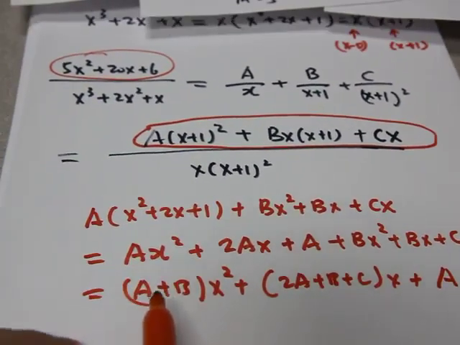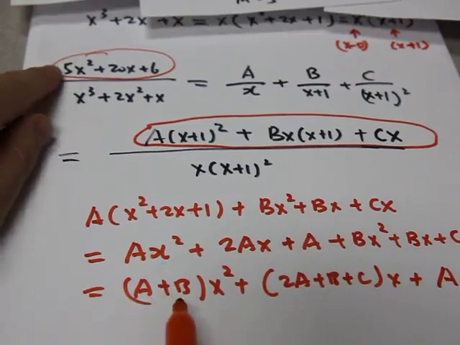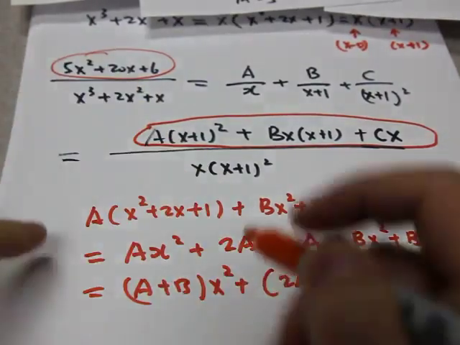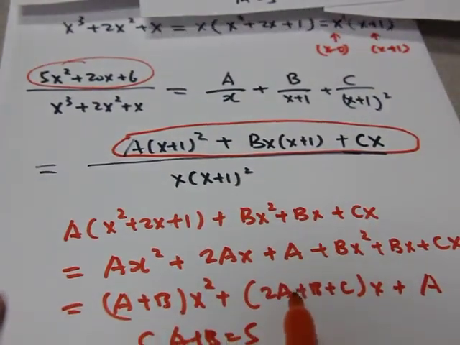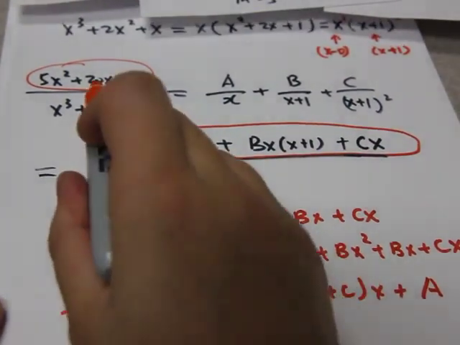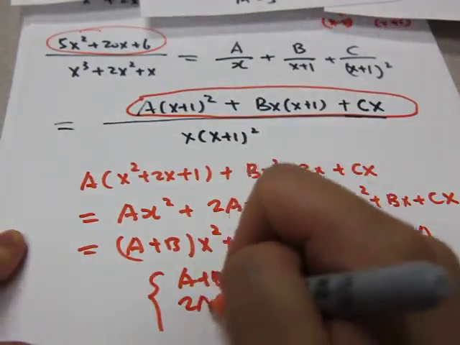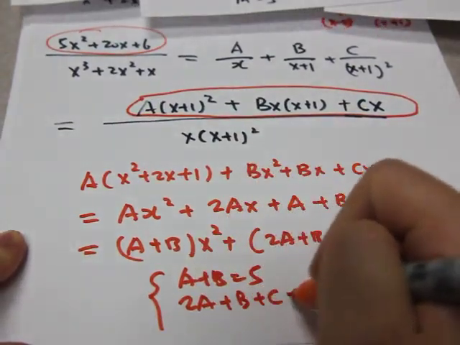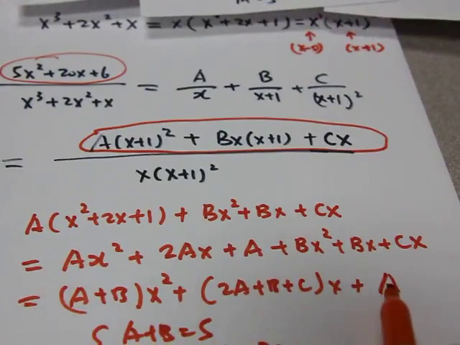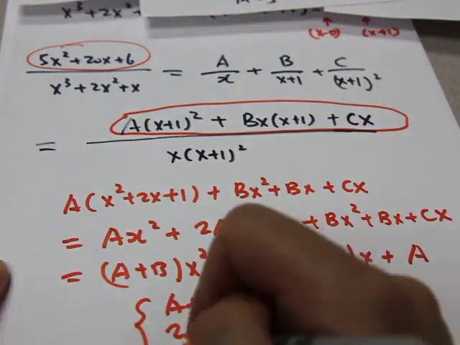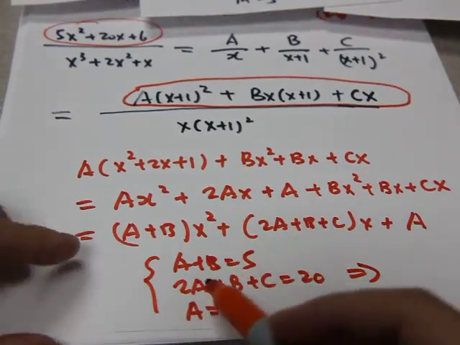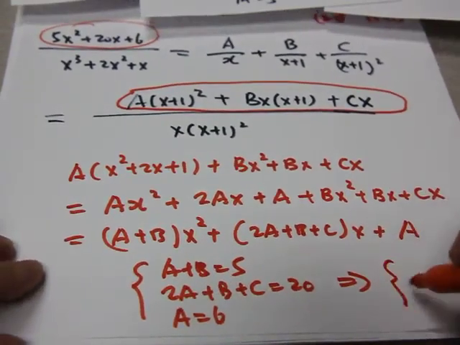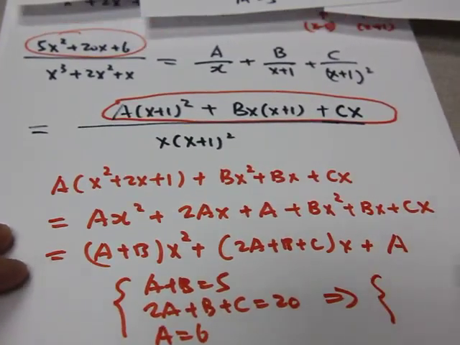So we see A plus B must be equal to 5, right? And 2A plus B plus C must be equal to 20. And this constant A must be equal to 6. And using this system of equations, you can solve for A, B, C.